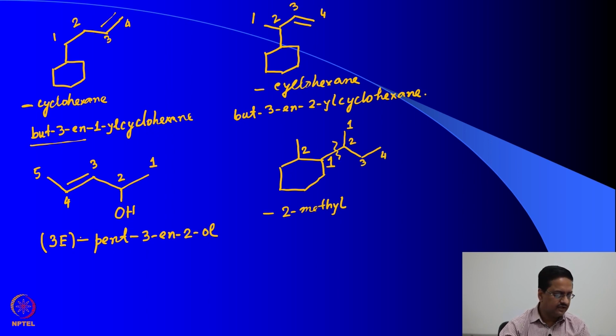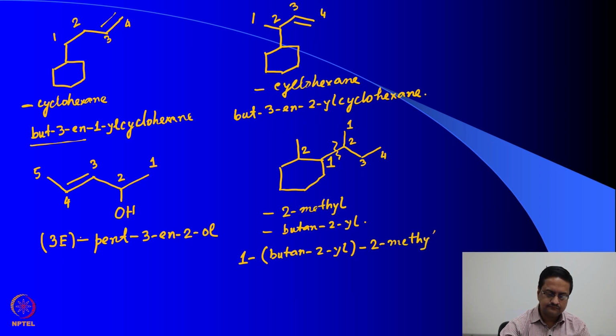So, it should be written as butan-2-yl. Therefore, the name of this compound should be, at position number 1, I have butan-2-yl, dash 2-methyl cyclohexane.